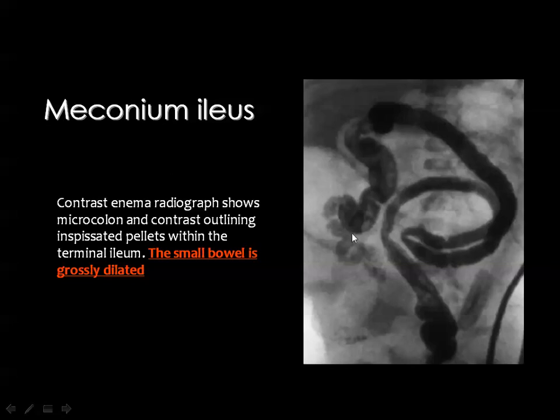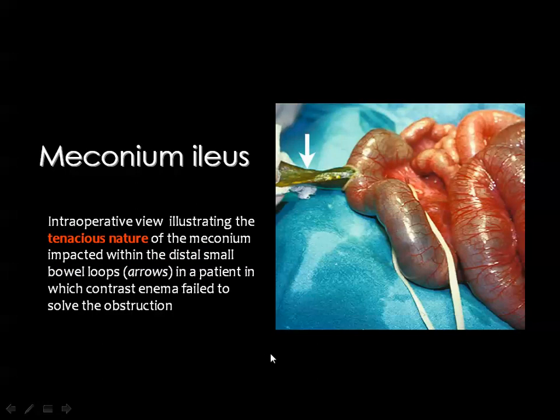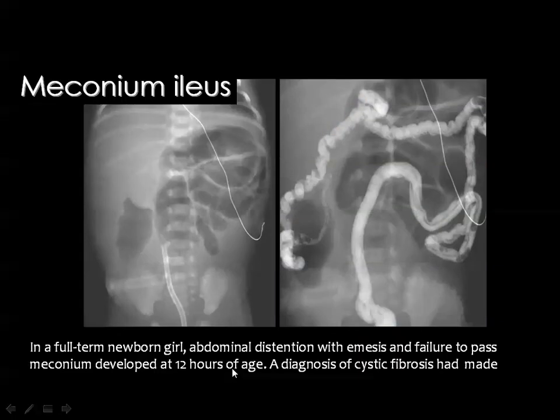You get meconium pellets in the terminal ileum and the proximal part of the colon. And this is the appearance of meconium when it is accumulated in the terminal ileum, and you can see the tenacious nature of this meconium, which is not easily excreted through the normal ways.